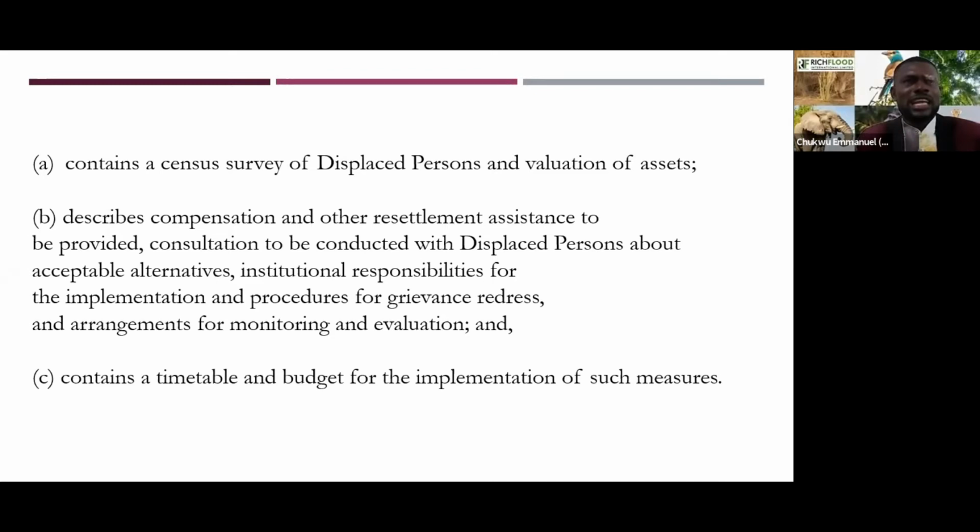What this document is all about is trying to ensure that if there are other alternatives by which people should not be resettled involuntarily, those alternatives should be visited and employed. That is one of the objectives of the Resettlement Action Plan.